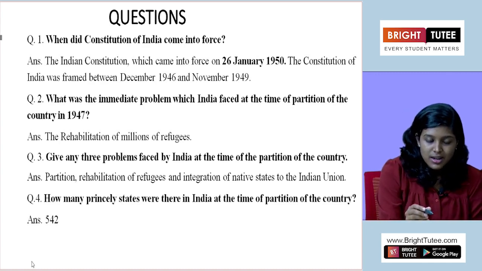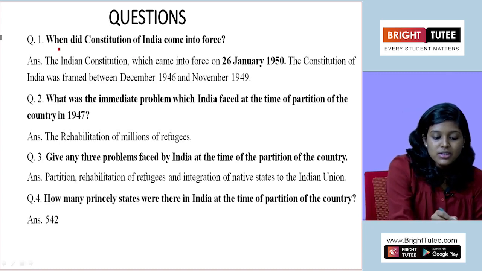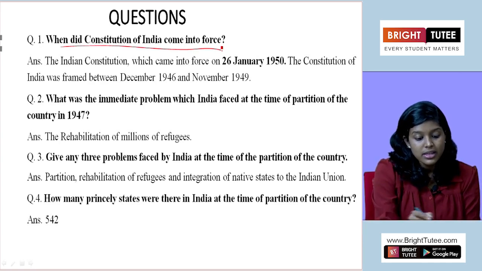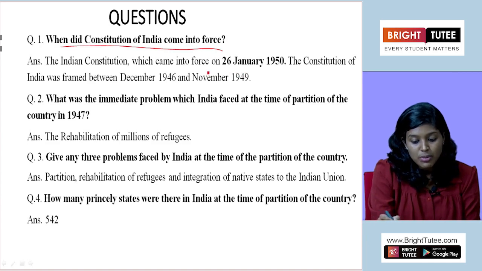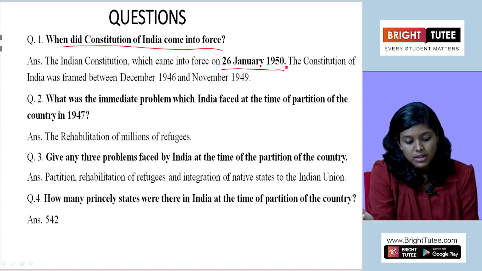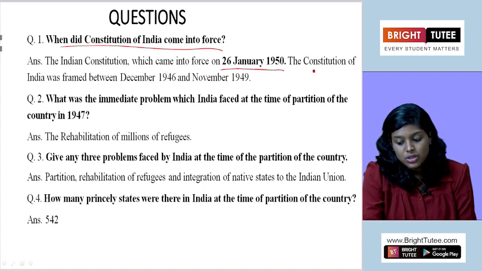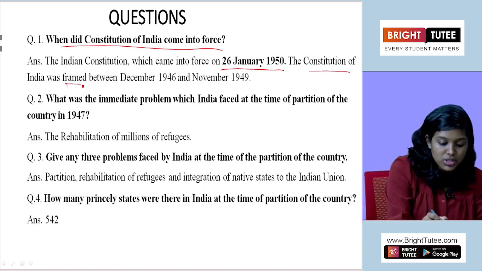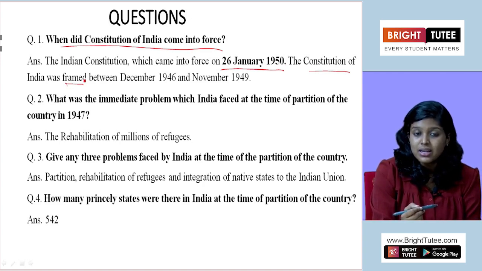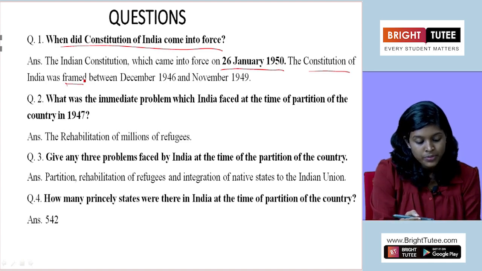So the questions are: when did the Constitution of India come into force? The answer is the Indian Constitution came into force on 26 January 1950. And the period in which the Constitution was framed, and we just mentioned that the Constituent Assembly was responsible for the framing of the Constitution.